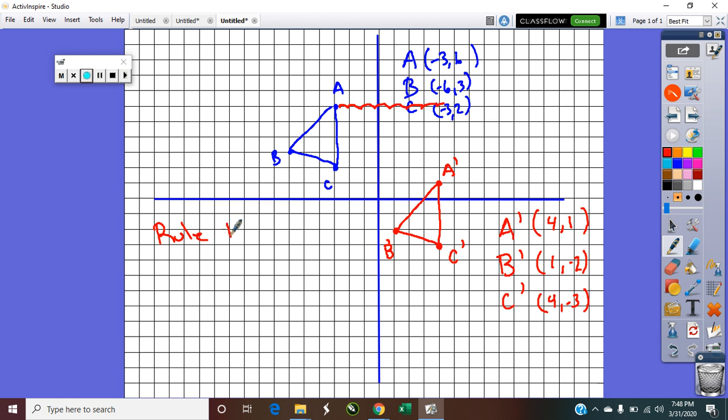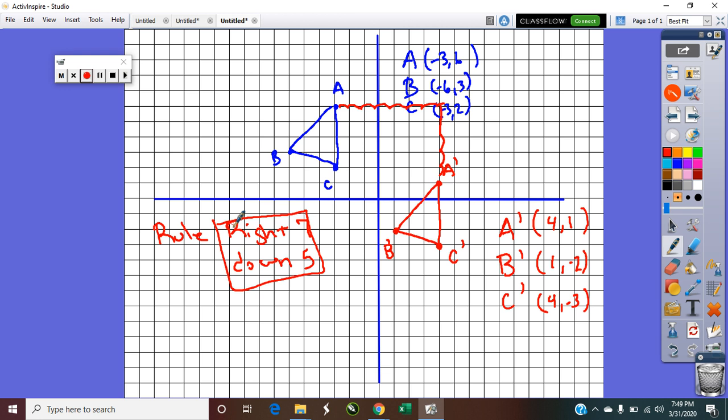So you can say right 7, and then down 1, 2, 3, 4, 5. This is going to be your rule. So you can just tell me we're going to go right 7, down 5.